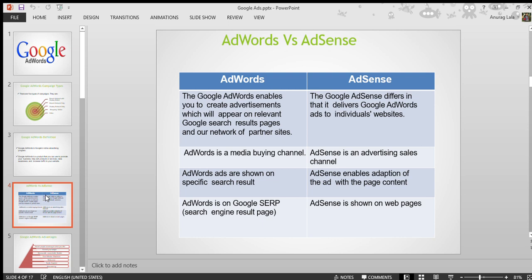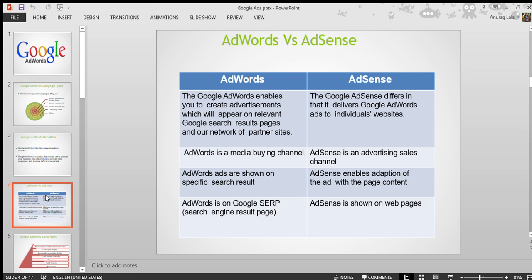And what is Google AdSense? Google AdSense is the advertisement sales channel. Suppose I have a website named abc.com. In abc.com, I have shown the ads of those people who have given their product advertisement through Google AdWords. I know there are a few technical terms, but it's really easy.